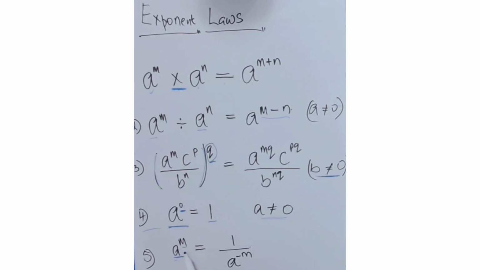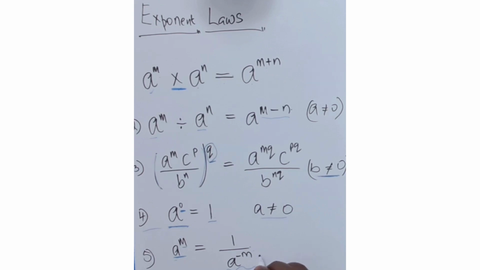Notice that in this case your a to the power m is now changed to be a denominator, but not only that, the exponent changed from being a positive to a negative.